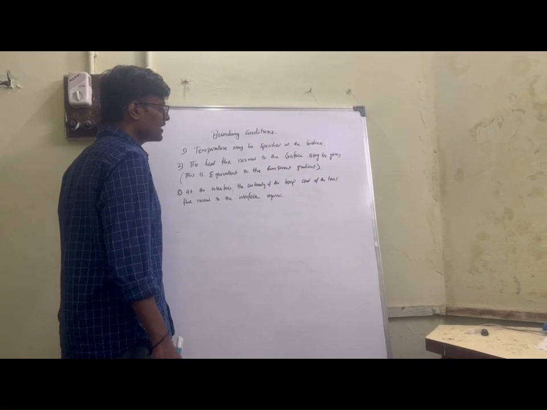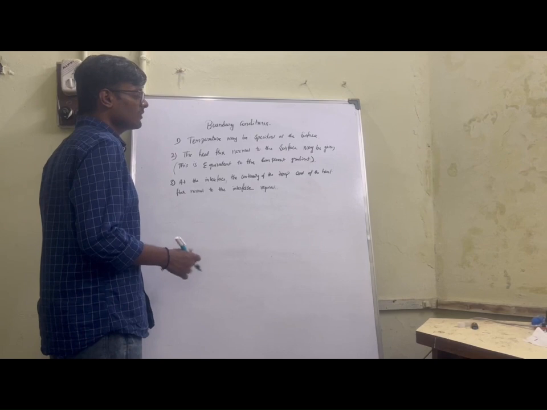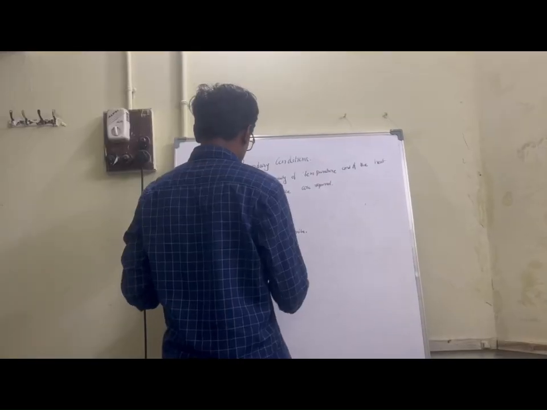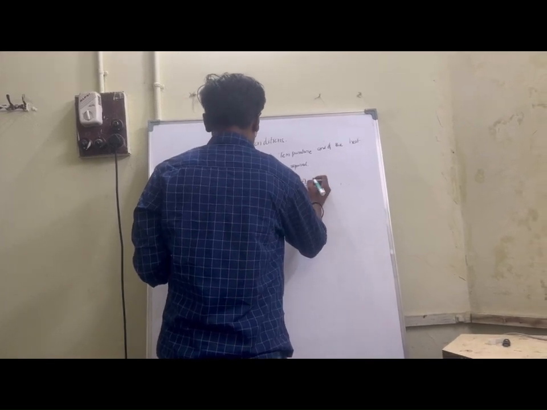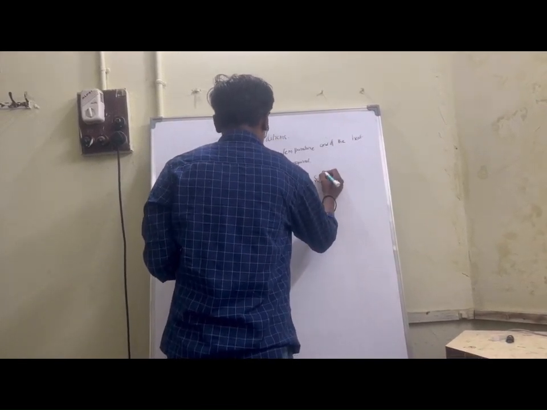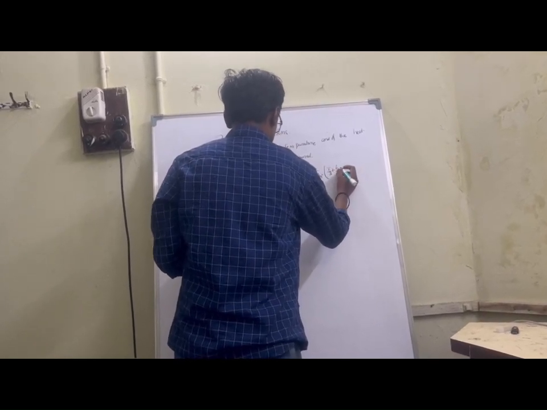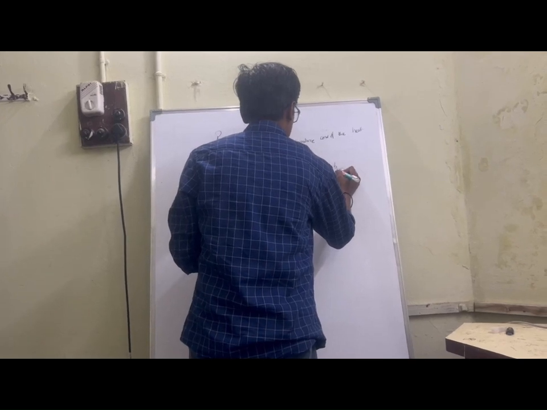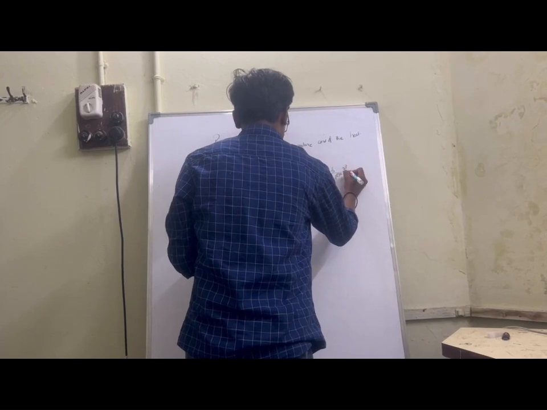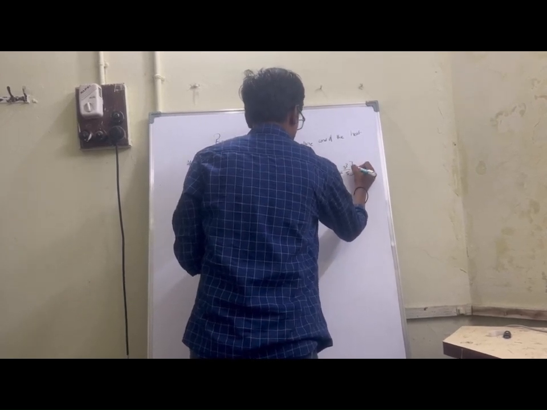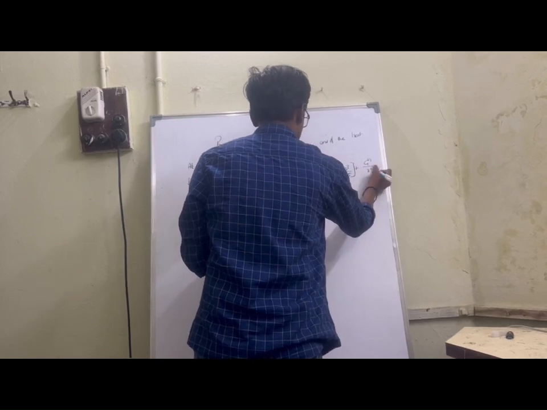At the interface, the continuity of the temperature and the heat flux normal to the interface are required. Now the equation is QRF is equal to the Sn naught R by 3 plus B by RF square R cube by 5 plus C1F divided by R square.